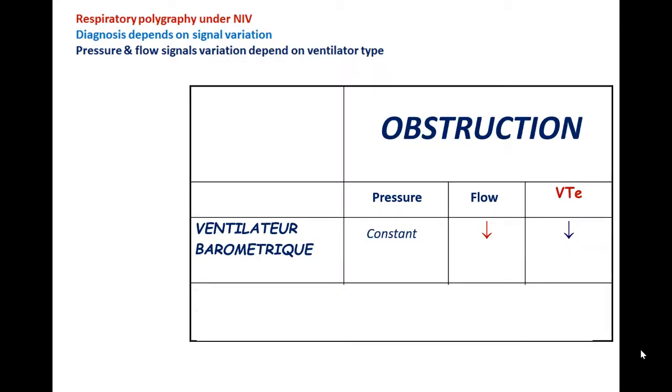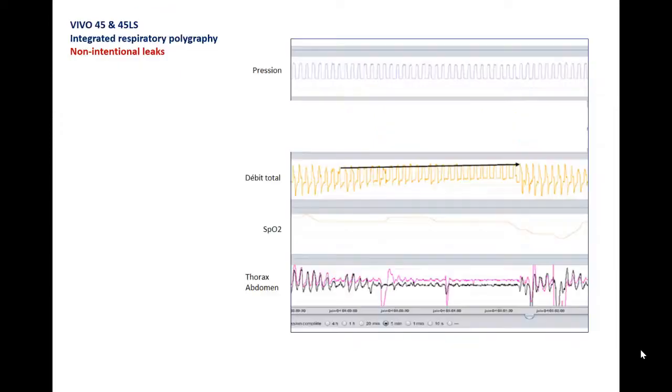In the case of obstruction, flow decreases. So it's very important to keep in mind these technical things related to the functionality of the ventilators to read the polygraphy.